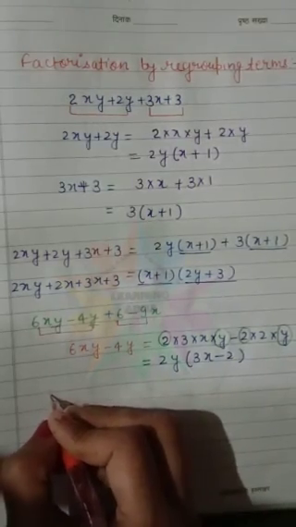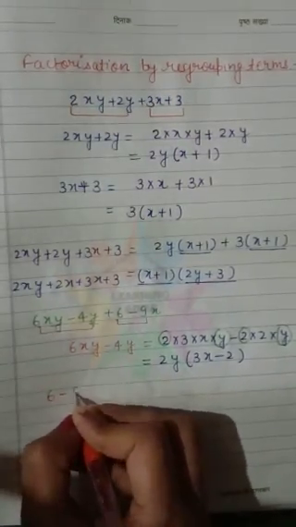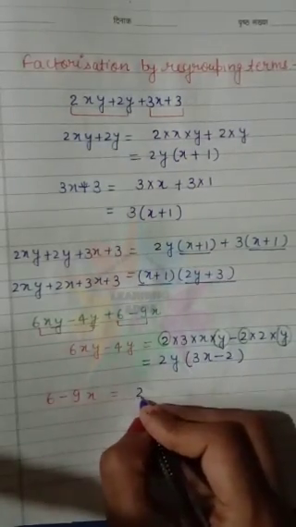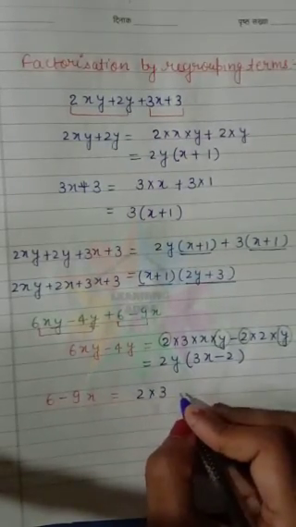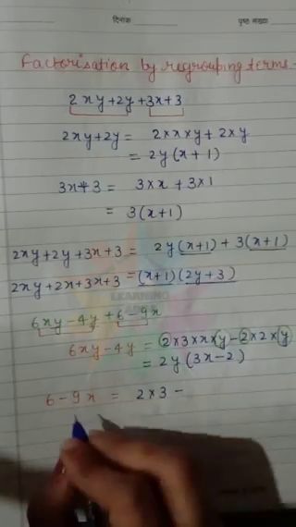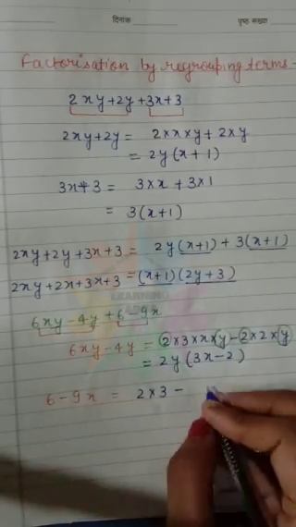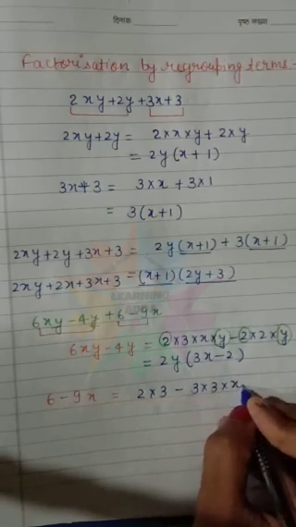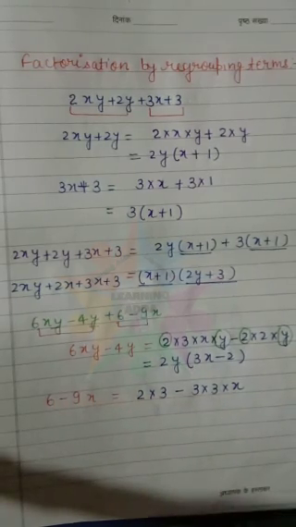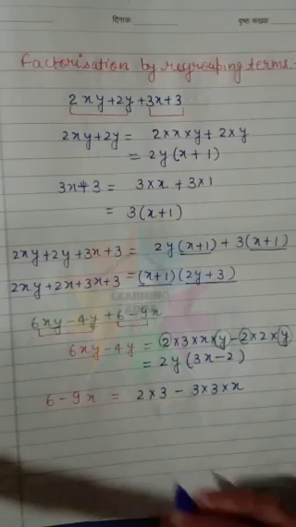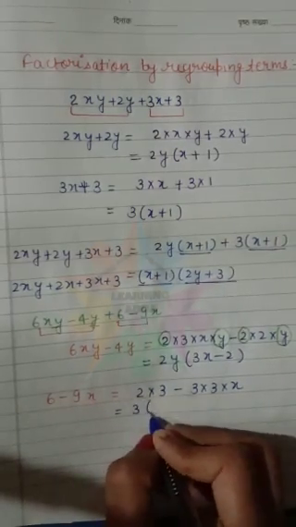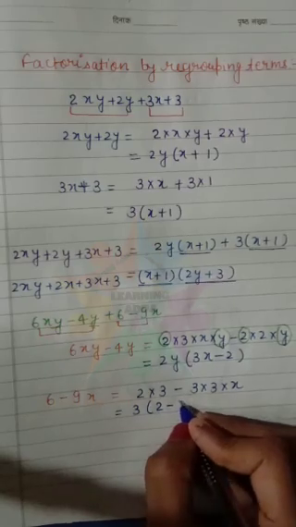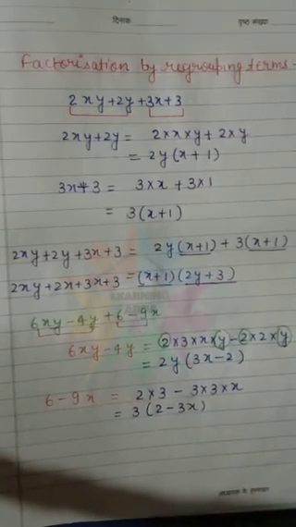If we write the second part by regrouping, 6 minus 9x. If we factor 6, we can write 2 into 3. And similarly, we take the factor of 9x, then we get 3 into 3 into x. We see that in both terms we have common 3, then we get 2 minus 3x.